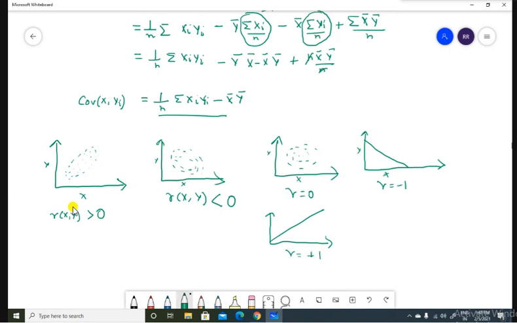If they fall on a line, r is equal to plus or minus 1, and it is called perfect correlation.